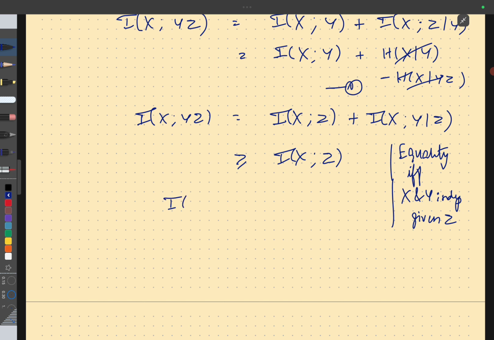So the mutual information between x and y is greater than or equal to the mutual information between x and z. That's it.